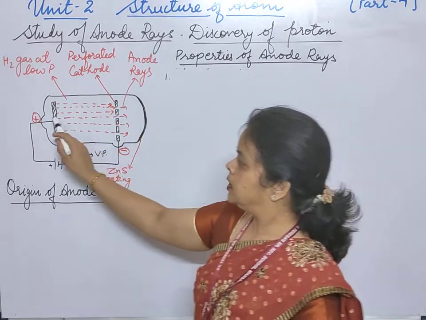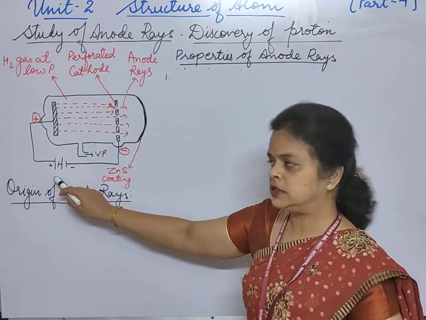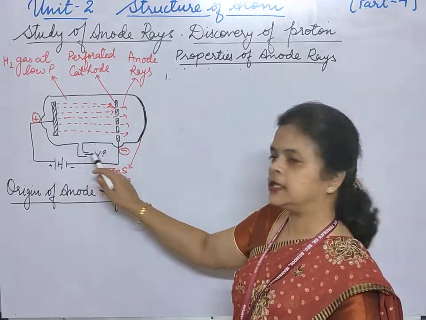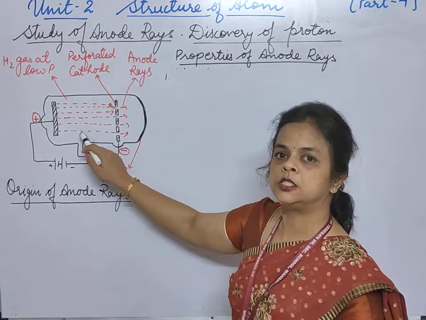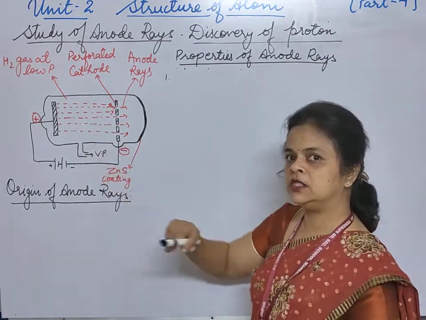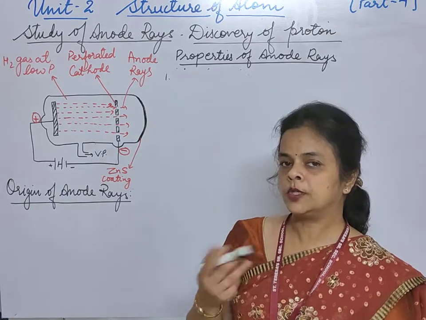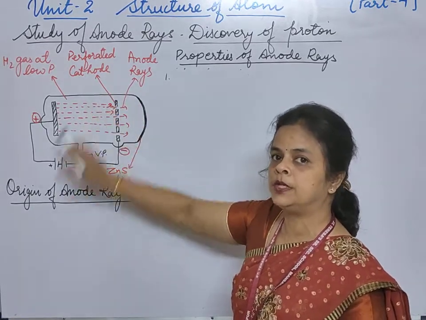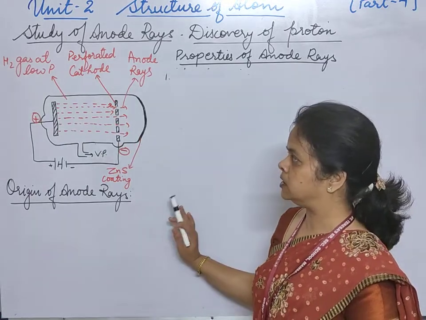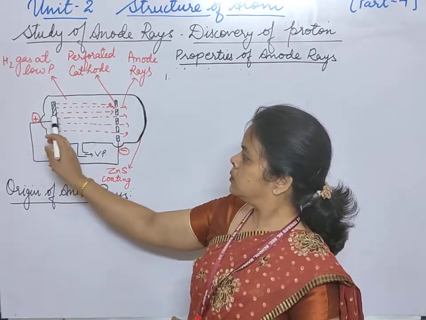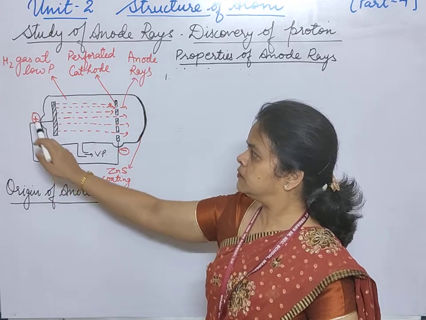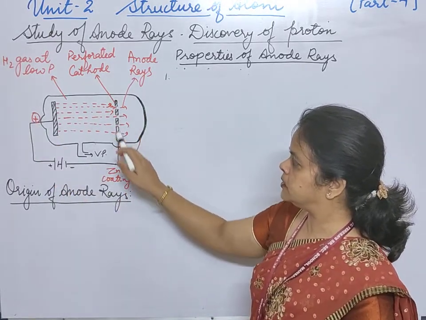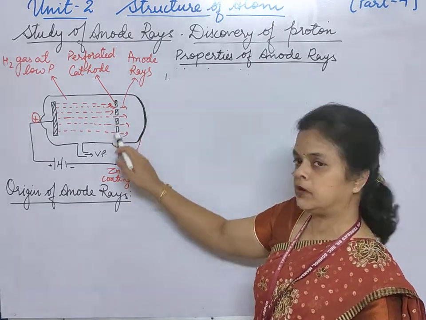The two electrodes were connected to a high voltage source, and the tube was connected to a vacuum pump so that pressure can be lowered, as we had already discussed, so as to make the gaseous atoms inside a good conductor of electricity. One electrode was connected to the positive terminal, called the anode, and one to the negative terminal, called the cathode, and here the cathode was perforated, that means holes were there.